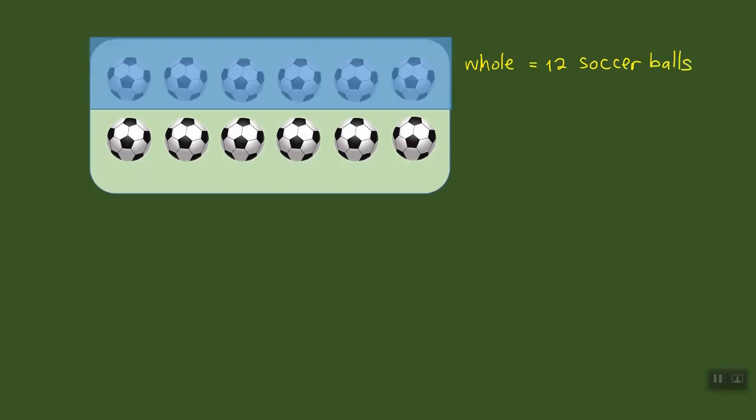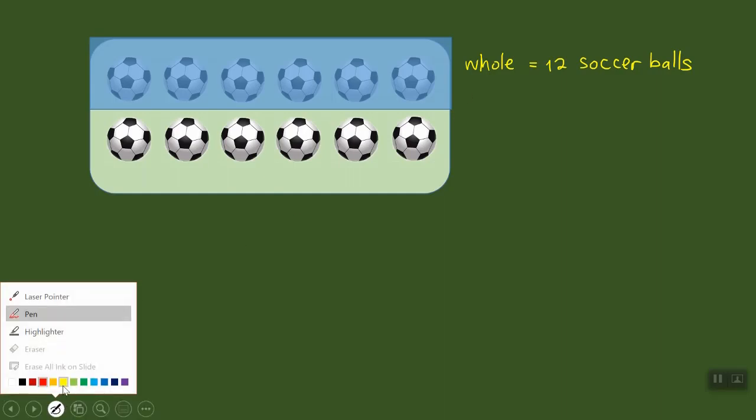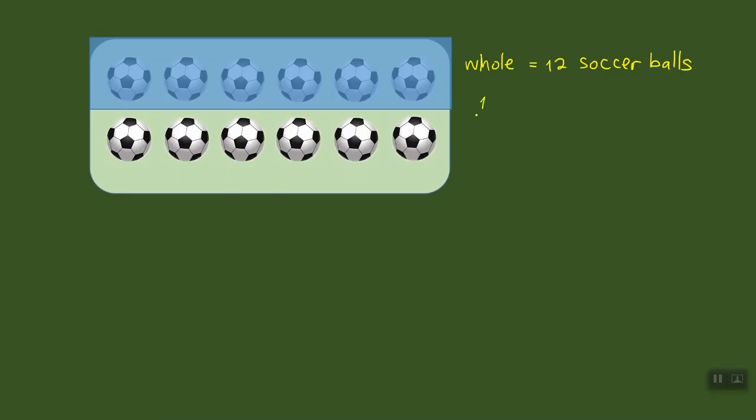Now, please think, what fraction is covered by the blue layer? What fraction of the whole is it? The correct answer is, of course, a half of the whole that is covered by the blue layer.